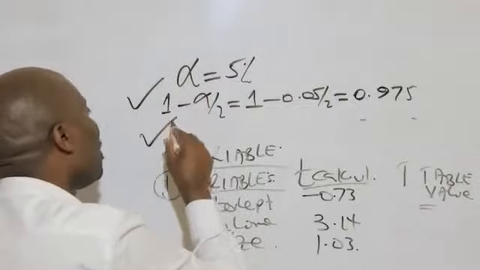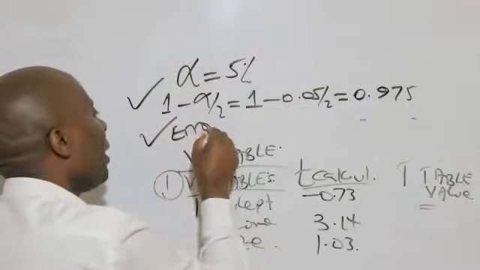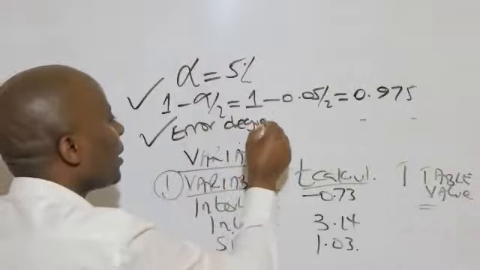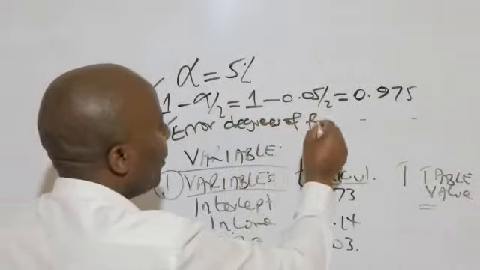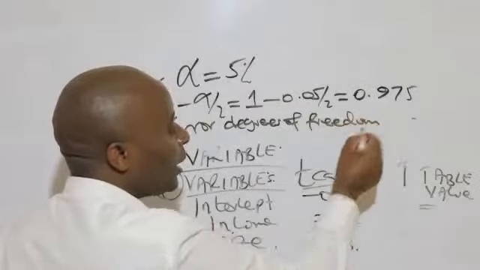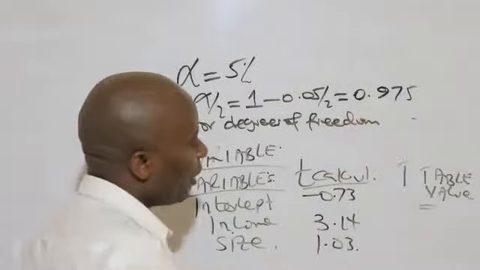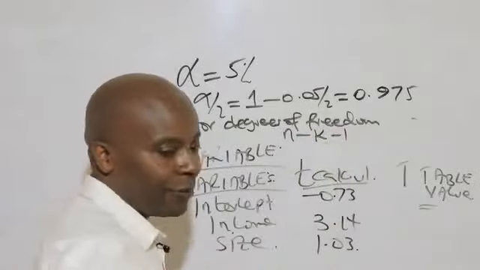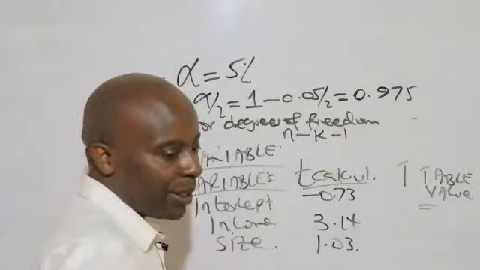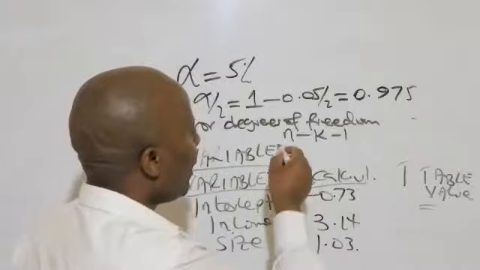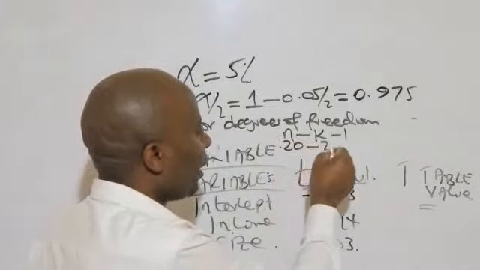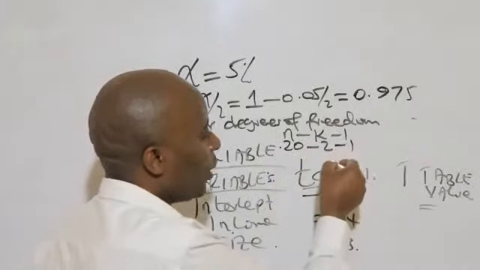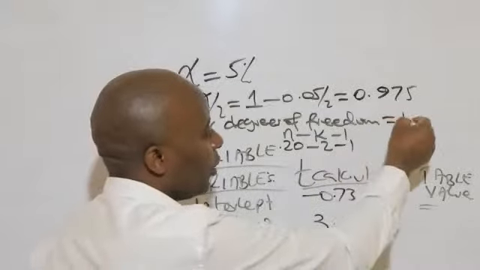Number two, we need the error degrees of freedom. At times the examiner may not give them to you directly, so you need to remember the formula is n minus k minus 1. Our n here is 20, k is 2, minus 1, which gives us 17.